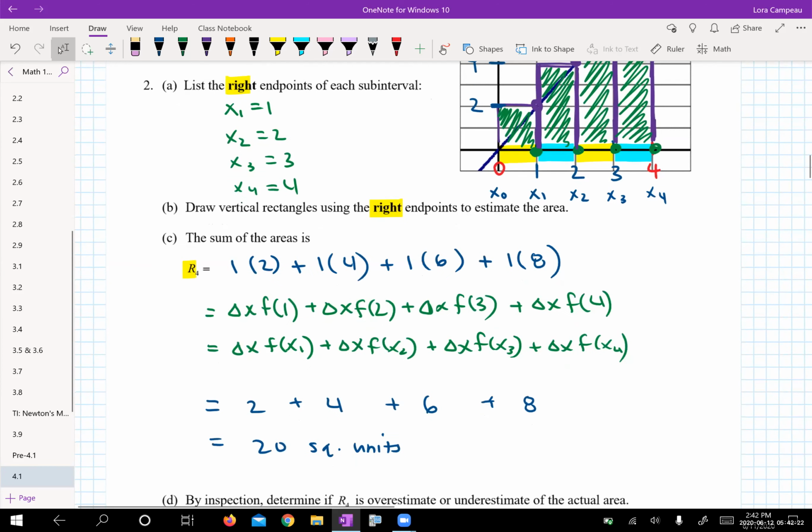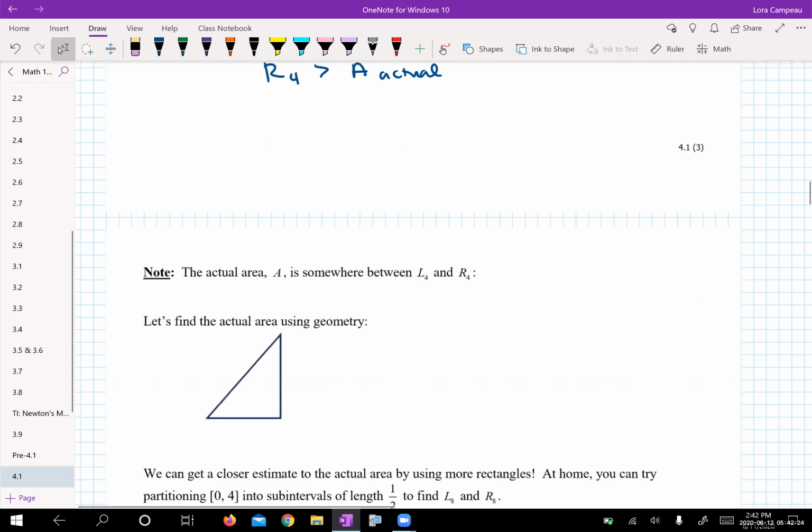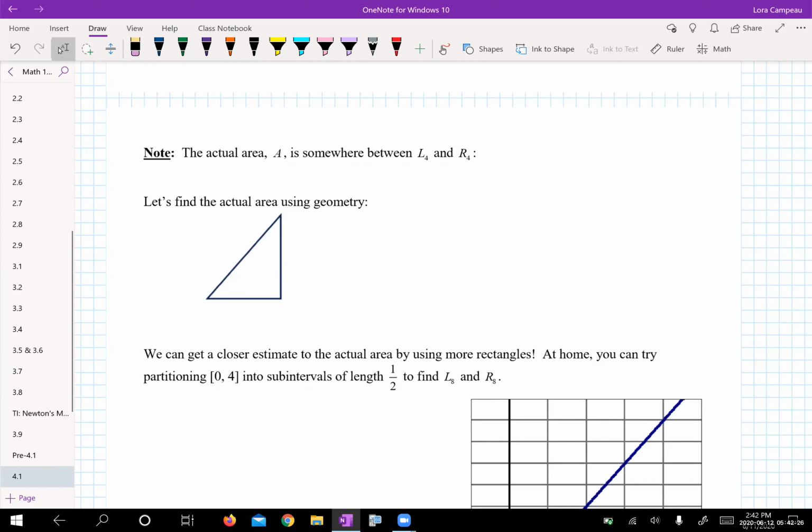And so we can probably guess the actual area is somewhere between the left endpoint and the right endpoint. And we've already done this with the geometry part. Remember, we found out that the area was 1/2 base times height, which is 1/2 times 4 times 8. And we had gotten the 16 square units.